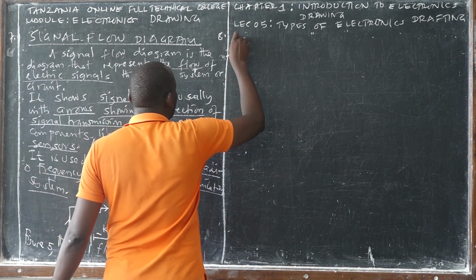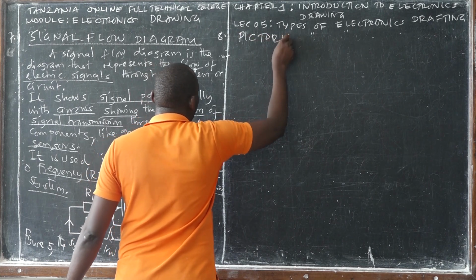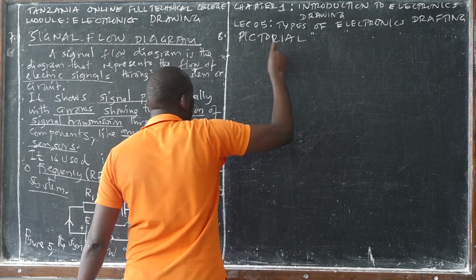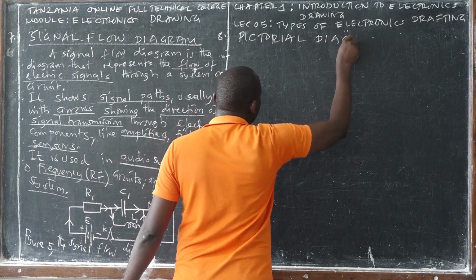The first type of electronics drafting is called the pictorial diagram.